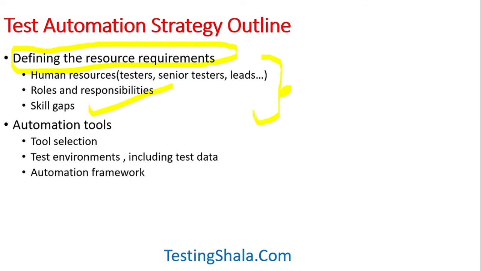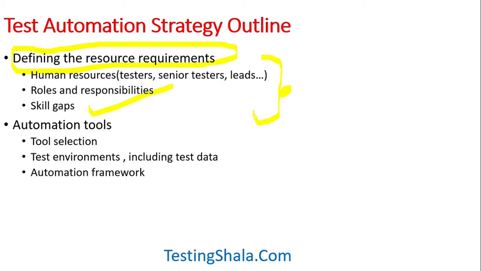And also, you should call out your way of working in automation. What is the kind of automation framework you will be bringing? Will you bring a modular framework, or a data oriented framework, or a hybrid framework?